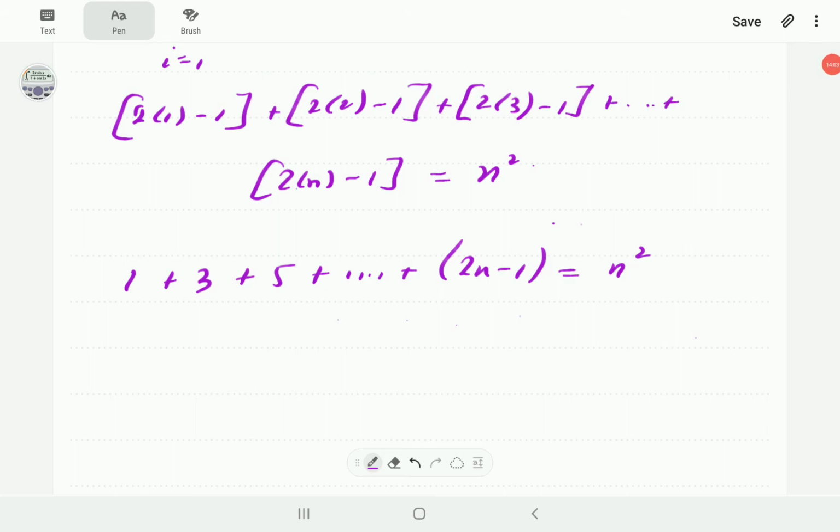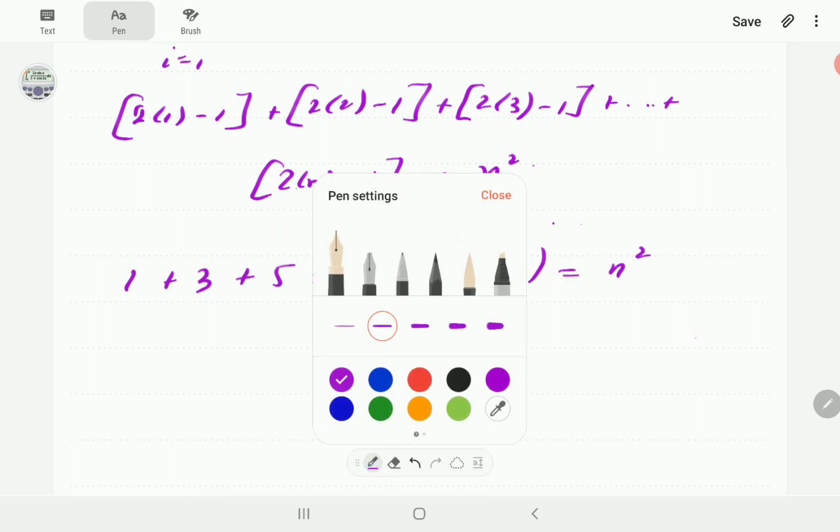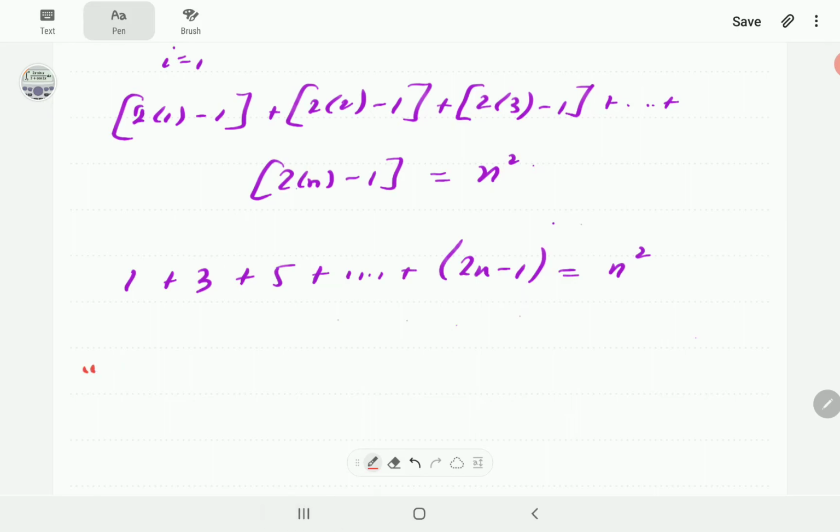Okay, so we notice that on the left hand side we have got odd integers. So actually this proposition is saying the sum of the first n odd integers is equal to n squared.